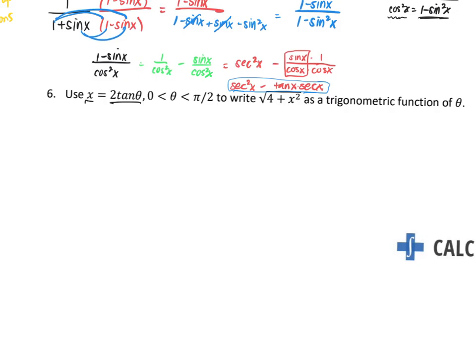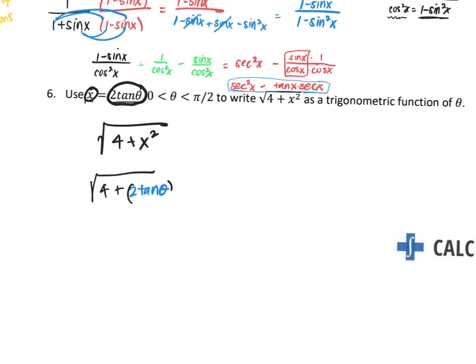Okay, so all it's telling us is when you see an x, plug in a 2 tangent theta instead. So I'm going to write the expression 4 plus x squared, and I see an x, and I'm going to write in a 2 tangent theta in its place, but the x was squared, so I'm going to take this and square it.